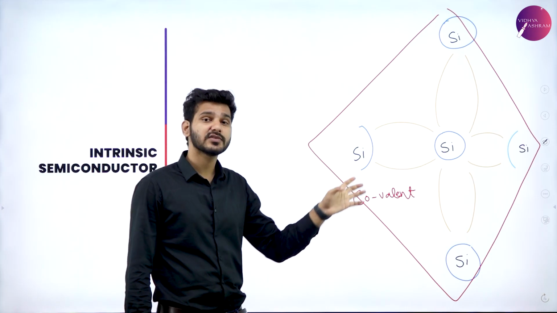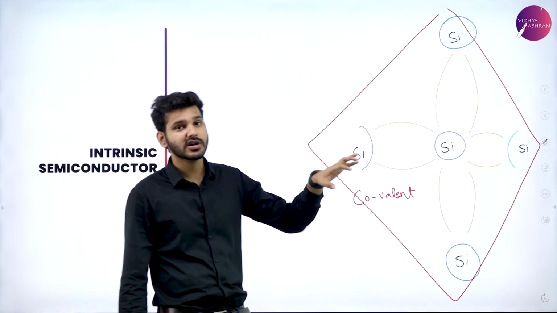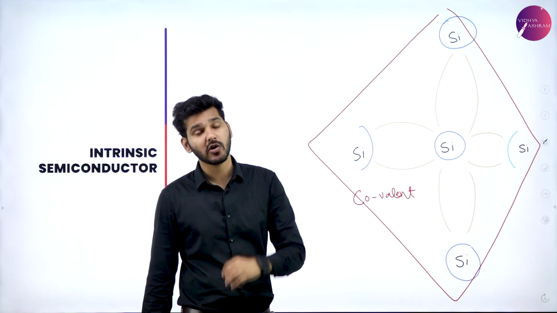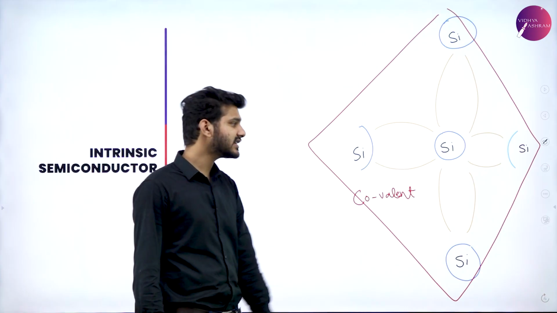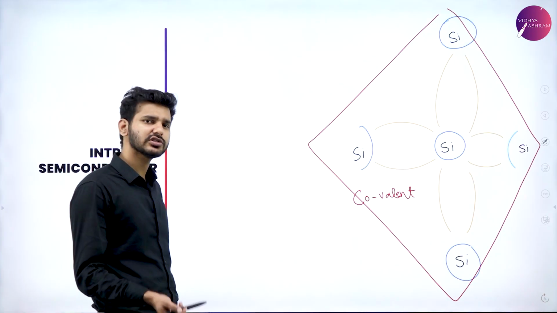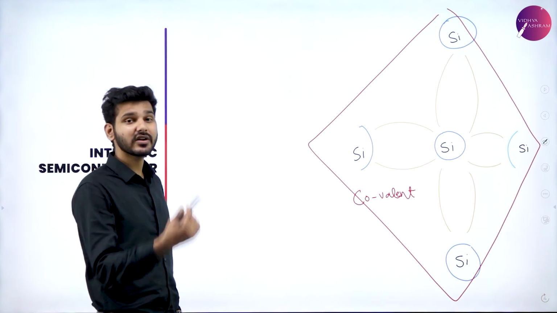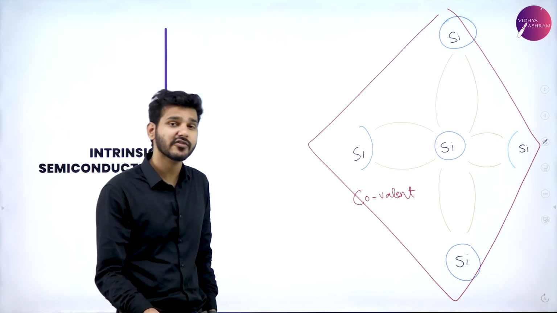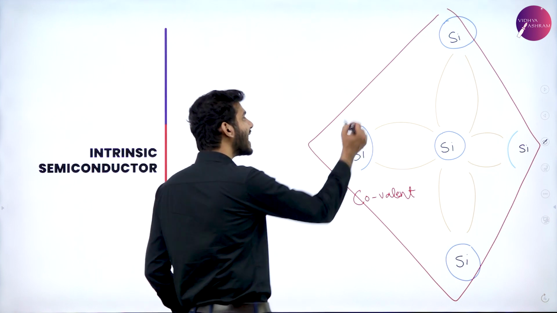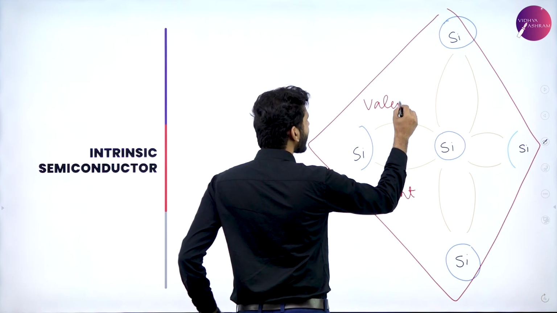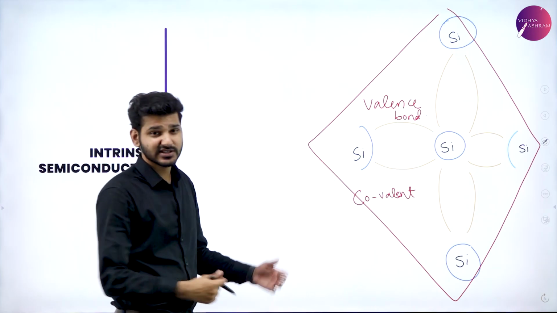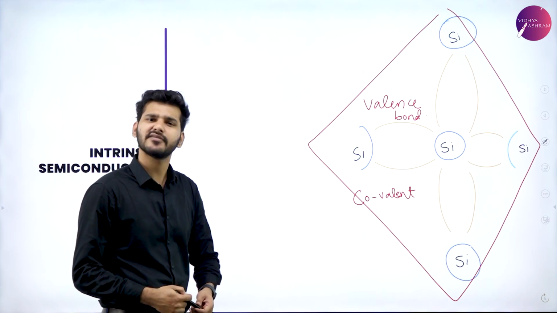So again, this will give it a diamond-like structure, and this bond is achieved through covalent sharing of valence electrons. Since it is covalent sharing, we also call it a covalent bond, or in physics we just refer to this type of bond, the sharing of valence electrons, as a valence bond. A valence bond. So again, it is covalent sharing, but we just call it a valence bond.